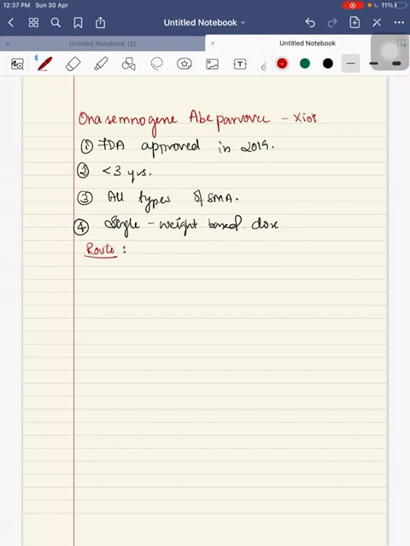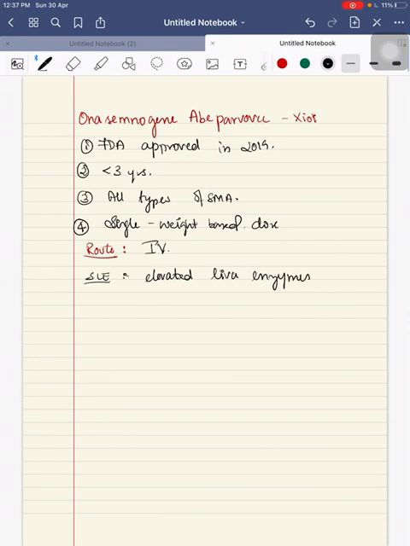It is a single dose, mainly based on the weight. Route of administration is through intravenous route.